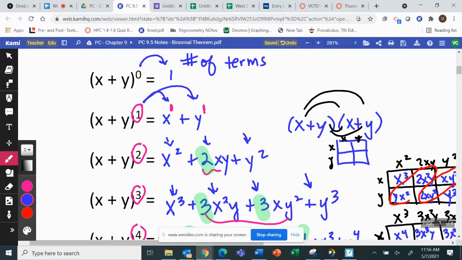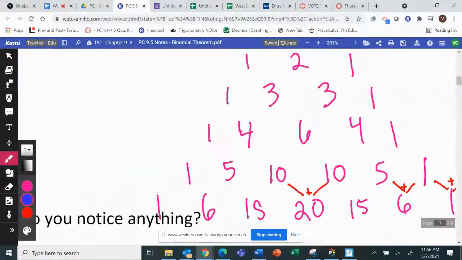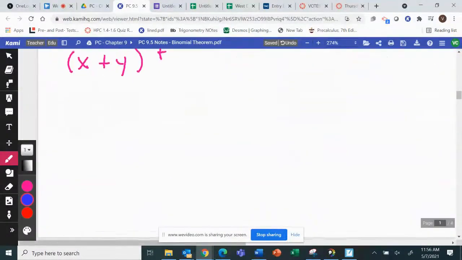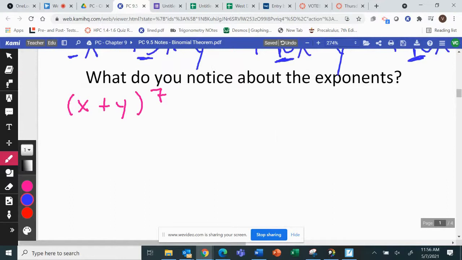So how many terms am I going to have for a power of 7? Not 6. How many terms, if my power is 7, like I'm doing down here? I'm going to have one more. So the power plus 1 equals the number of terms that you will have.